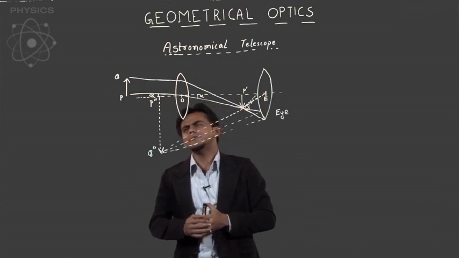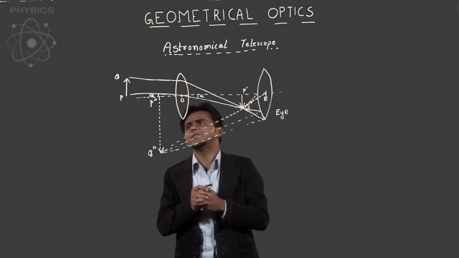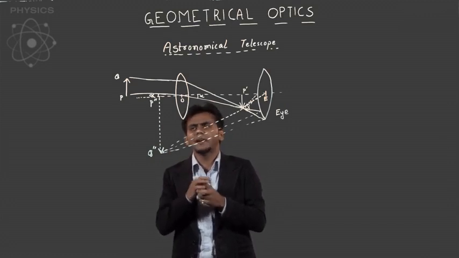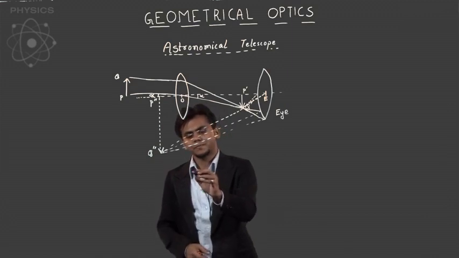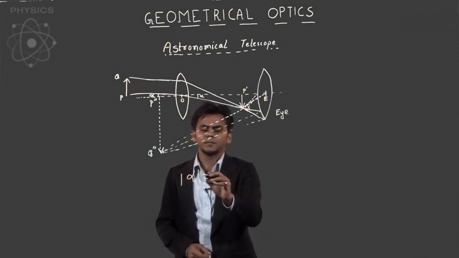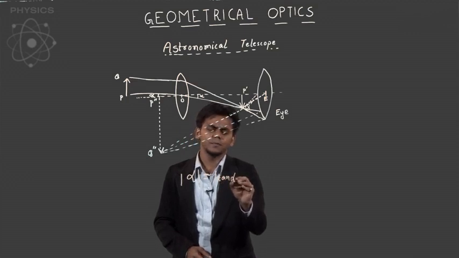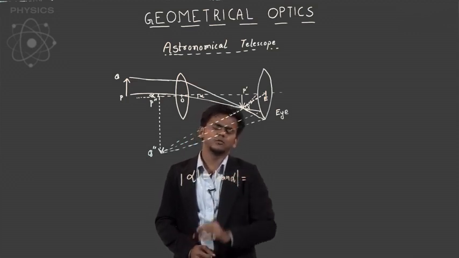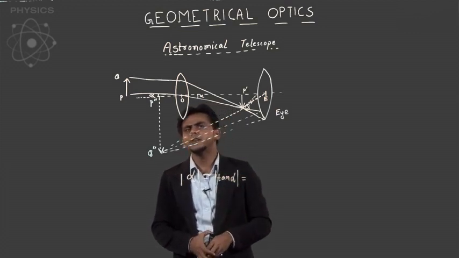Because if this is very far away, then even your eye would perceive this object subtending an angle alpha, right? So I can say that mod of alpha is approximately equal to mod of tan alpha, because alpha is very small, and that would be equal to just magnitudes of height upon base for alpha.